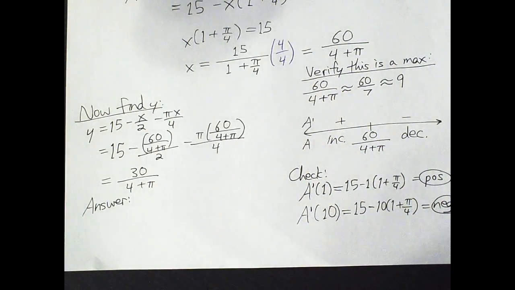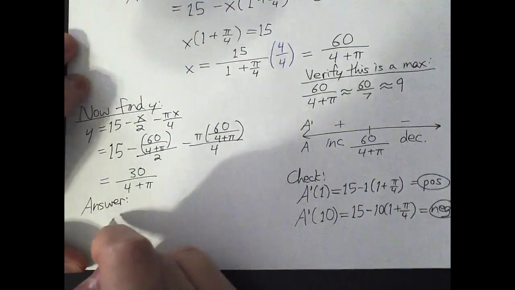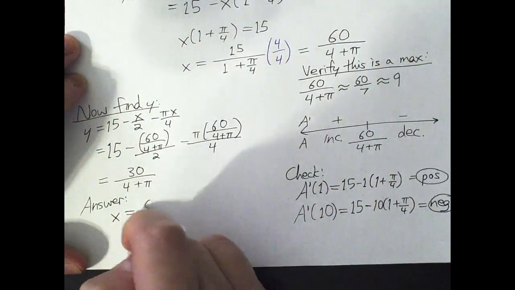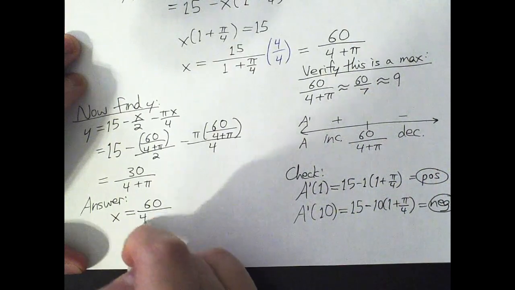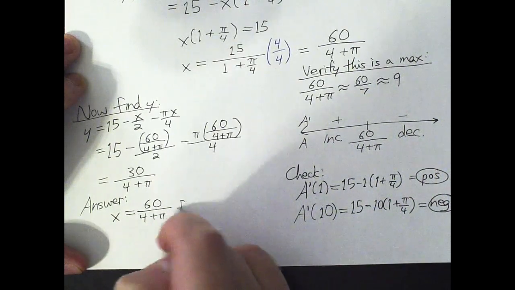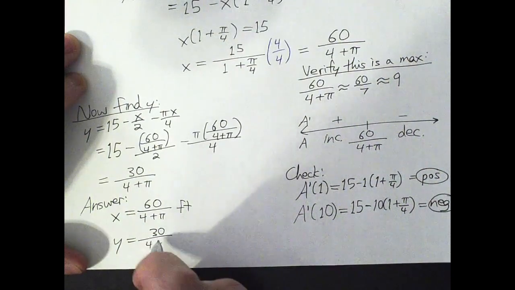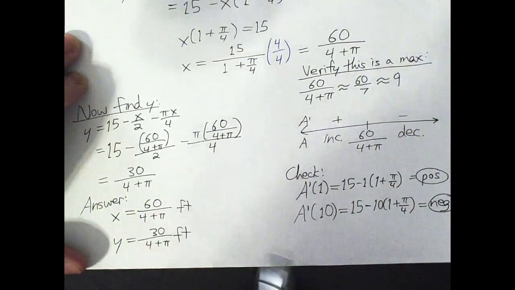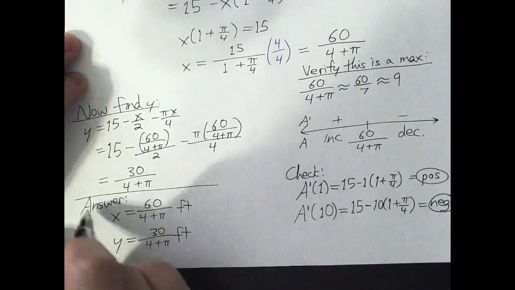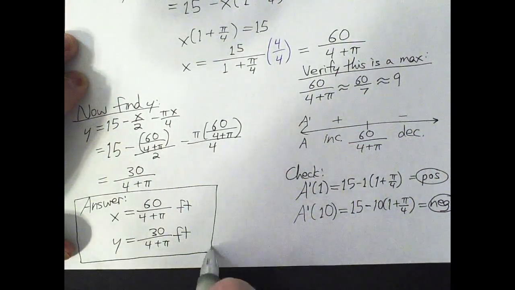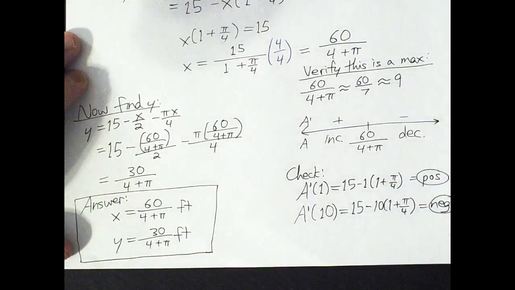Because the picture was provided with the problem and the picture was labeled with x's and y's, we can just say the dimensions of it are x equals this many feet and y equals this many feet. Because the problem gave us x and y to work with, we'll just give the answer in terms of x and y.